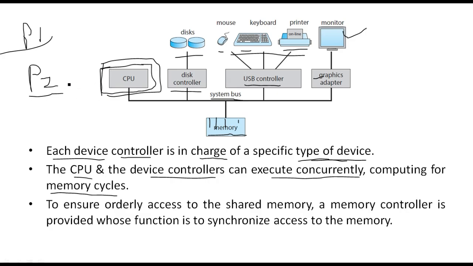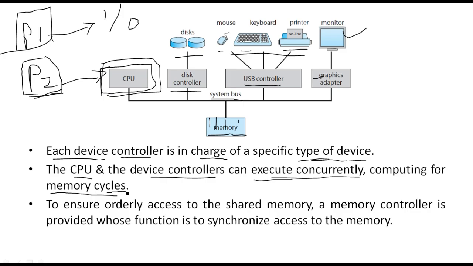Once the IO operation is performed by P2 and P1 completes its CPU operations, P1 can release the CPU and go for IO operations, and P2, which has just completed its IO operation, can occupy the CPU.